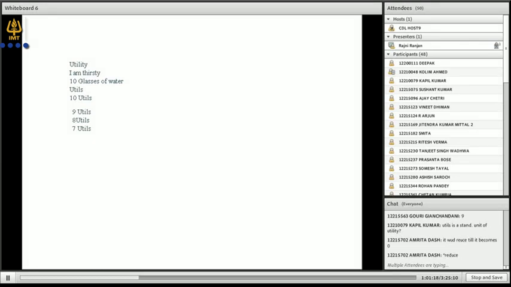The phenomenon you can observe here is diminishing marginal utility. Marginal utility means the number of utils I derive with the consumption of every extra glass of water.